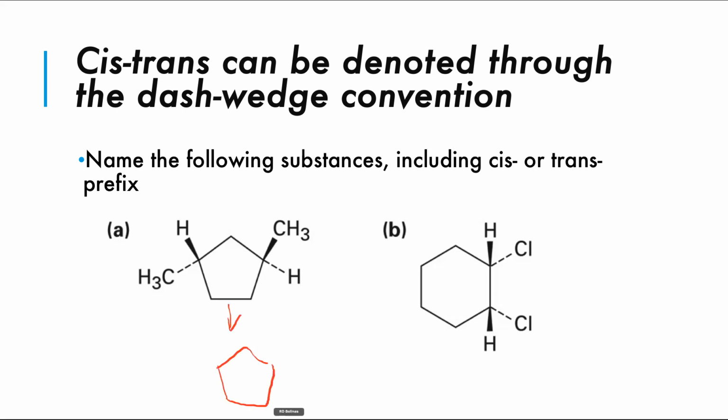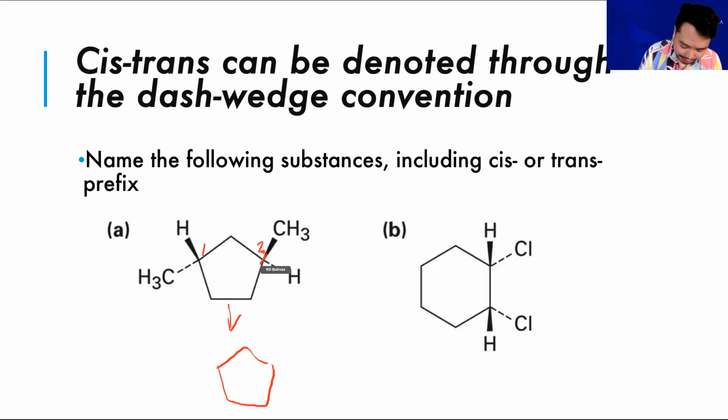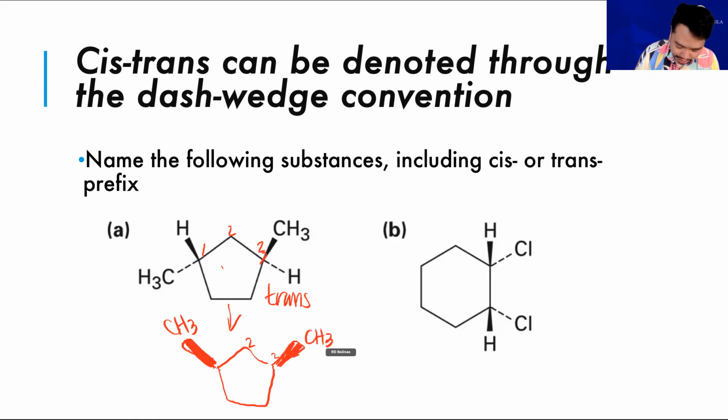So, kailangan carbon 1 at carbon 3 din. Okay, so 1, 2. So, kailangan 3. So, kunyari dito, sabi natin ito yung trans. Yung kanyang isomer dapat ganun din. Carbon 1 may CH3. Si carbon 2 may CH3. Pero ngayon, same side sila.